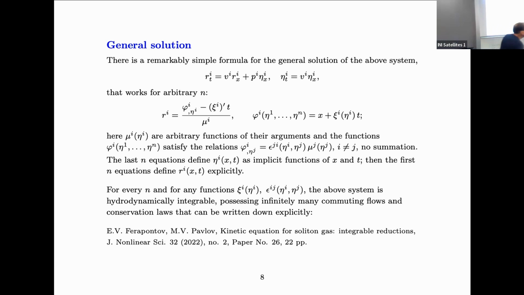This argument means that you can transform the equation at the top into a diagonal system for eta with characteristic speeds psi I, and then decoupled completely from the equation that determines R. I suppose this is the hodograph equation for the system?